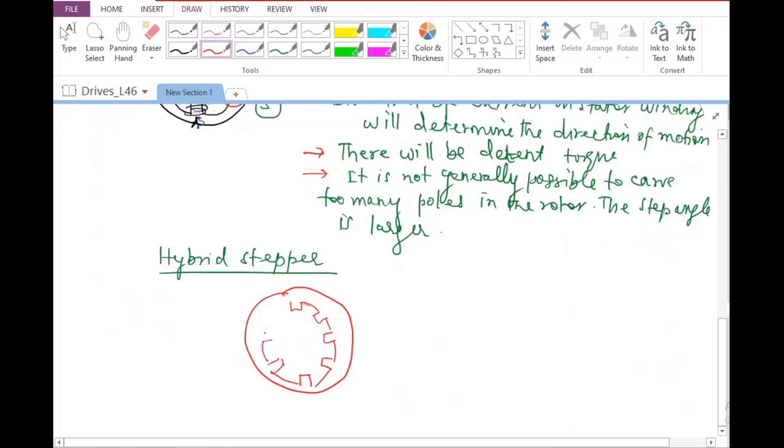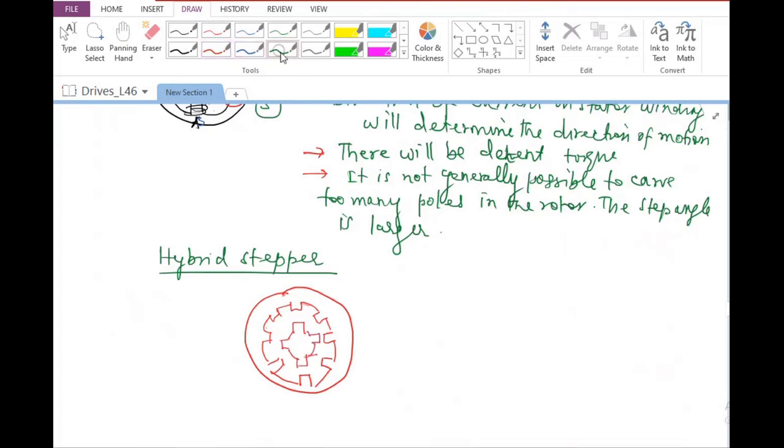I'm not showing it uniformly. But as far as the rotor is concerned, let us say I design it for a 4-pole configuration.